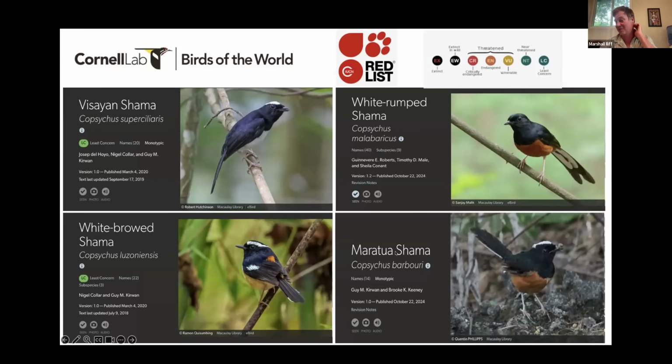Maratua Shama is a very localized island endemic off Borneo and critically endangered by any measure. So once we can get eBird and Birds of the World operating in the exact same taxonomy as BirdLife, then this information will be solved and better plugged together over cyberspace, which Paul will talk about.